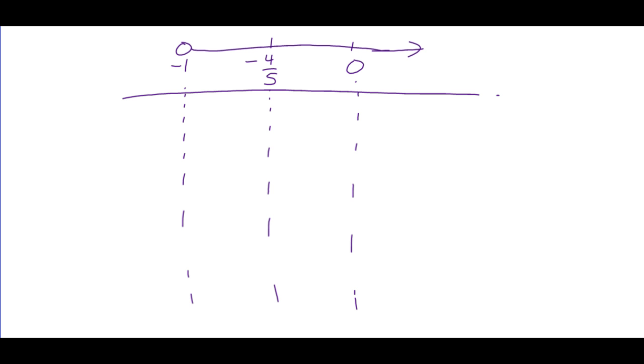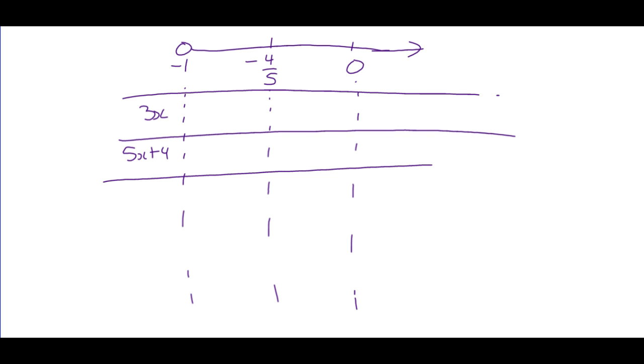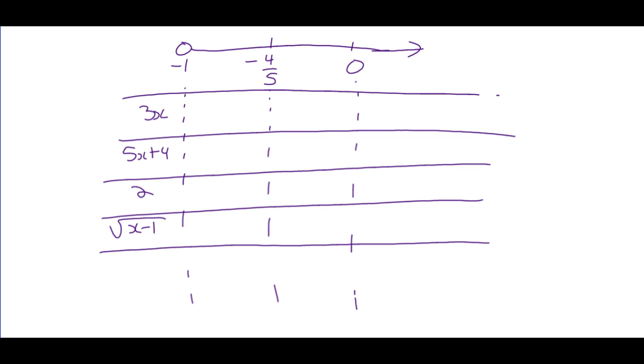And so the factors we've got are a 3x, we get the 5x plus 4, we've got the 2, we've got the root x plus 1, which is going to give us our sign of g prime of x.